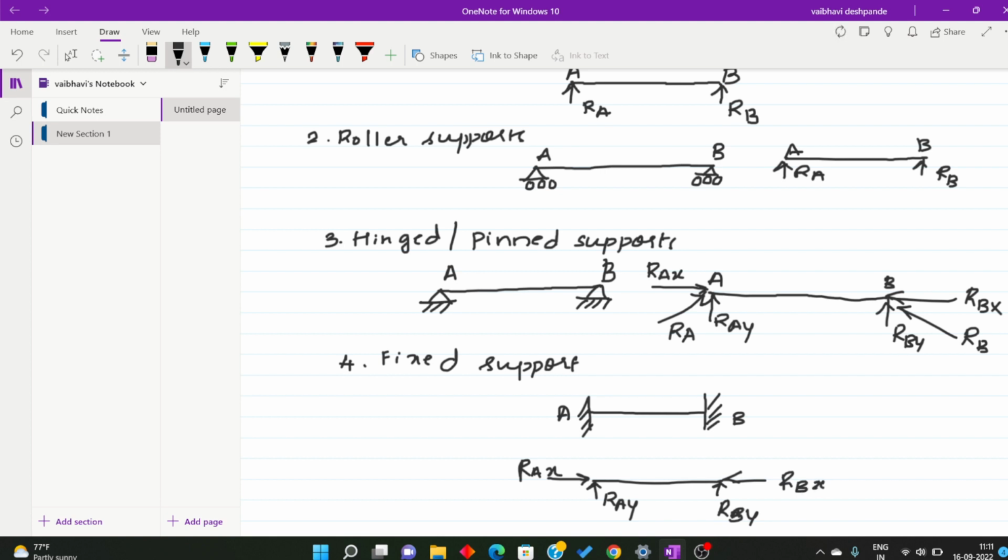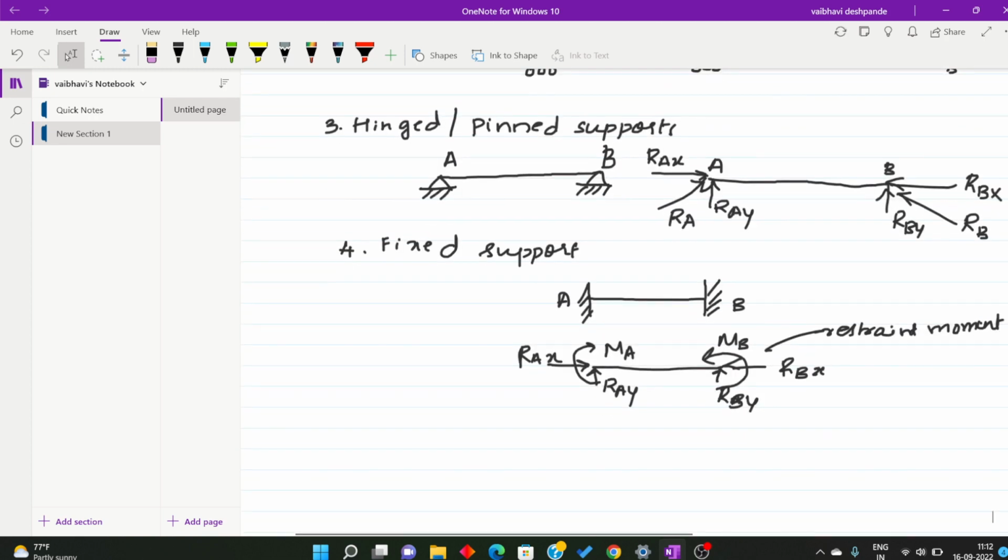In addition to this, there will be a moment, that is MA at point A and MB at point B. So, this is the restraint moment. If they ask you to explain the various types of supports, you have to explain all these types of supports.